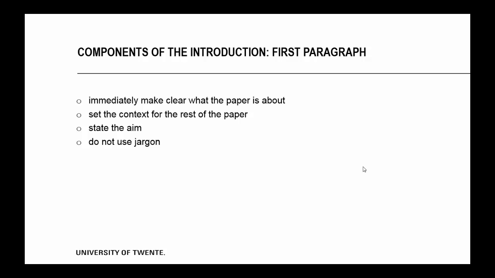So it is really important to immediately make clear what the paper is about and also what the context of this paper is. In this way, the reader is really well prepared to read the rest of the article, and if possible, at the end of the first paragraph, already state the aim of the entire study.